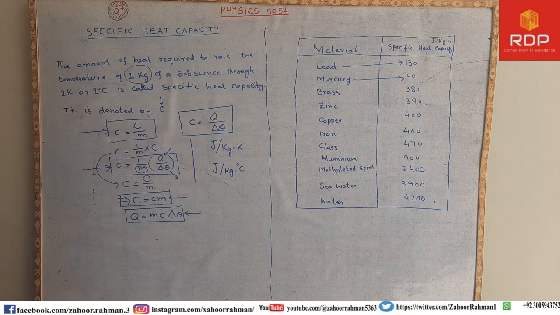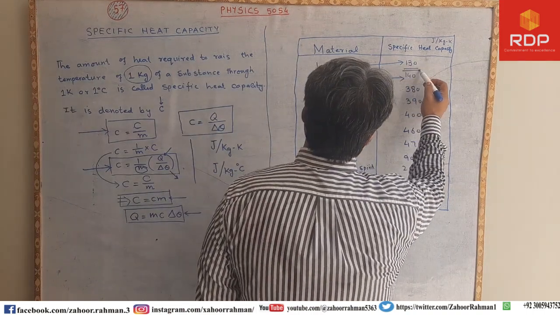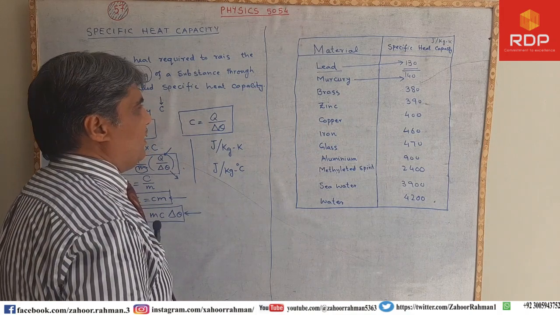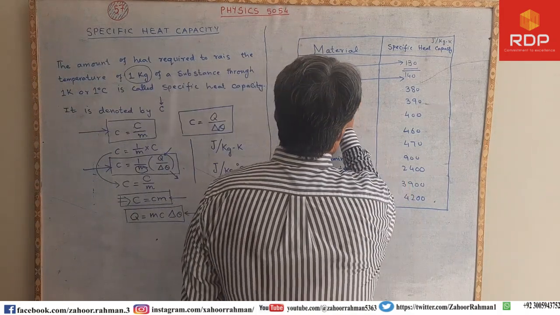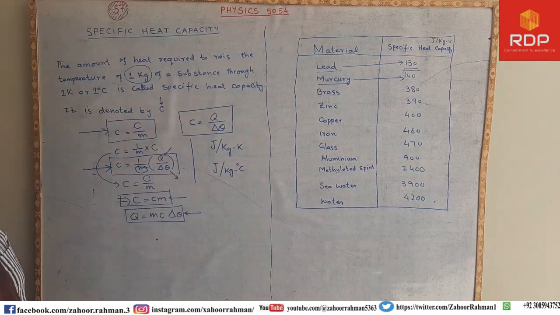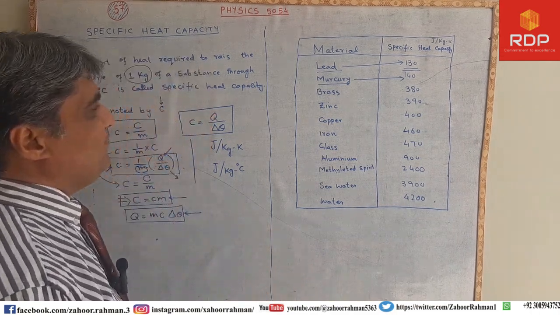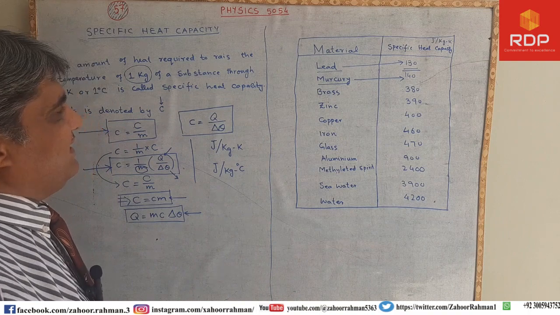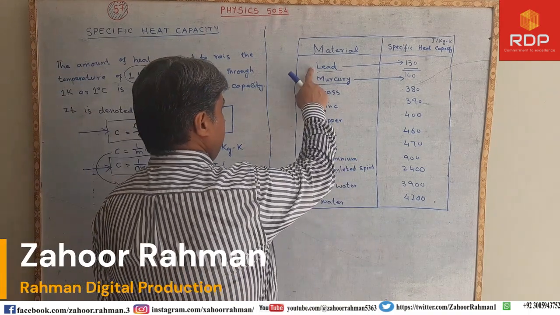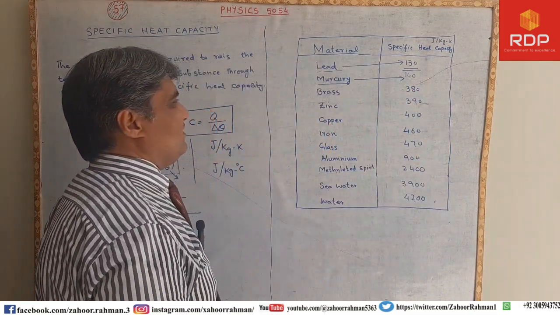If this question is coming in your CIE exam, lead heat capacity is 130 joule per kilogram per Kelvin, and the specific heat capacity of mercury is 140, and the question is saying that which object will give you quick rise in the temperature. So it will be lead, because the specific heat capacity is 130.